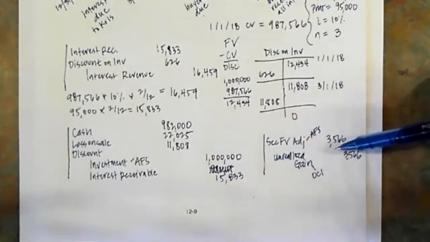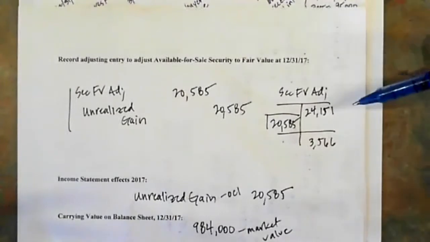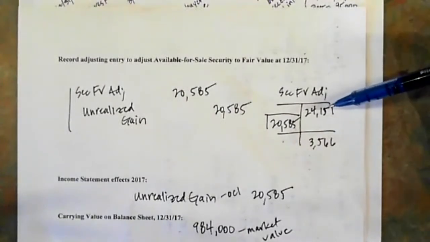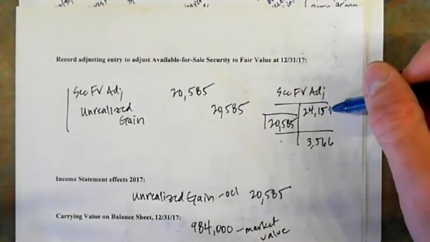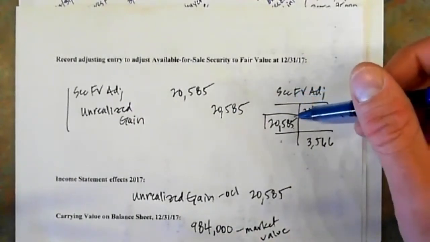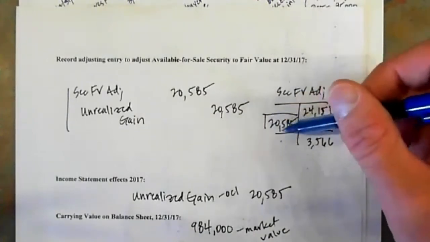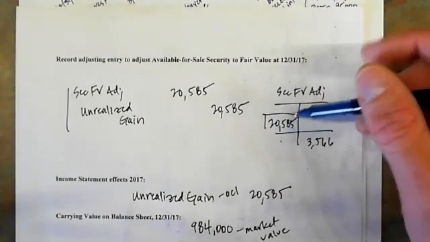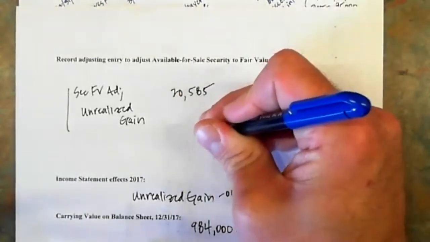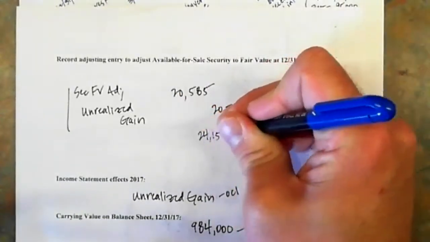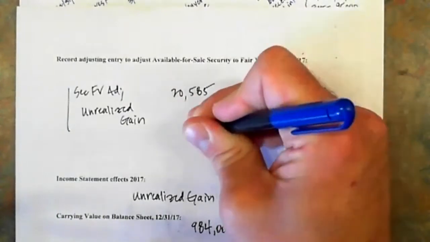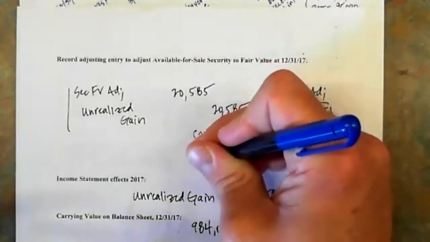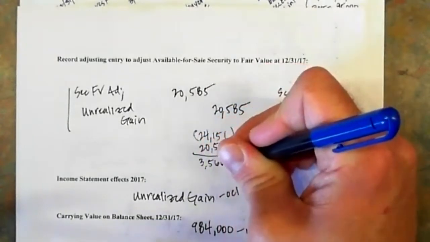Well, this gain, remember, if we had been recording unrealized losses in OCI, we would have had a $24,000 loss in OCI, a 20,585 gain in OCI. So we originally had that loss, 24,151. Then we had that gain, 20,585. Well, we came out at a loss still of 3,566.